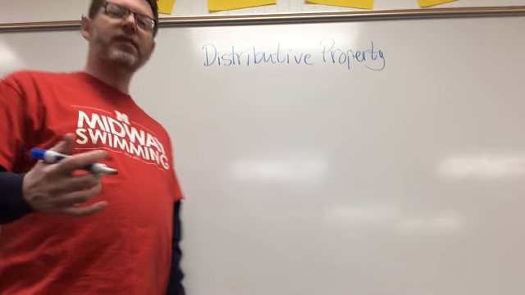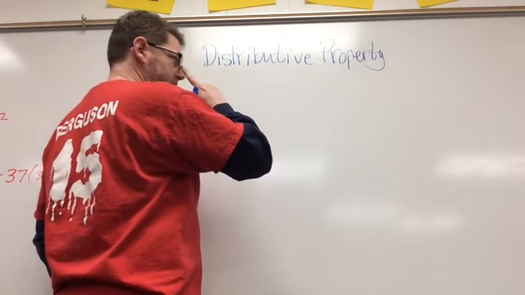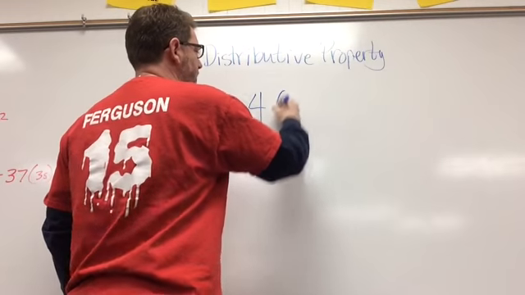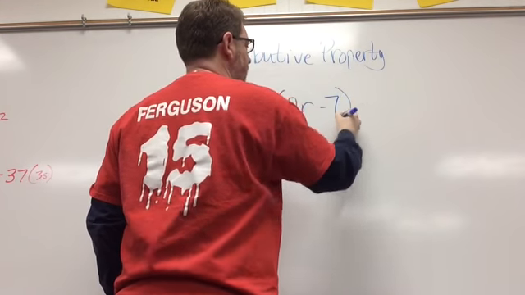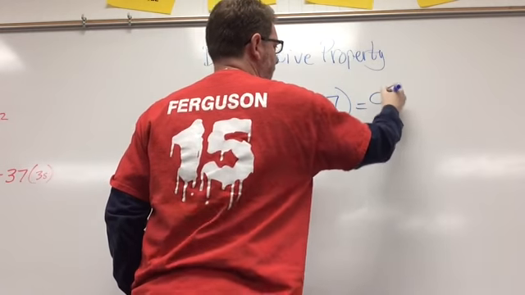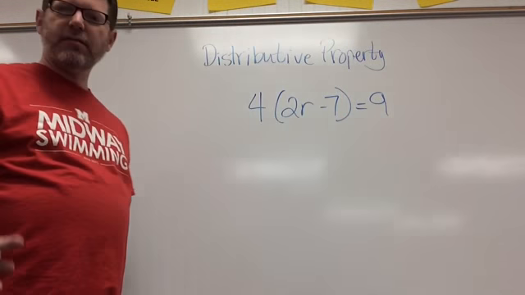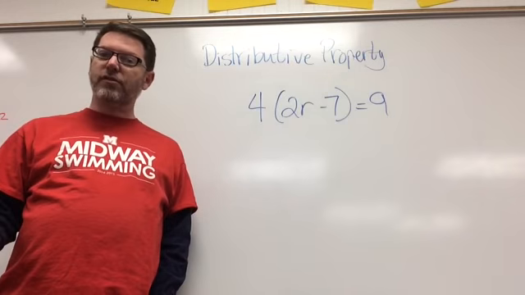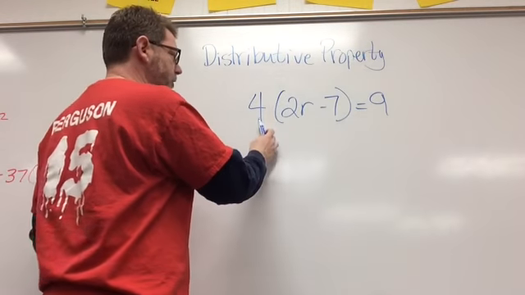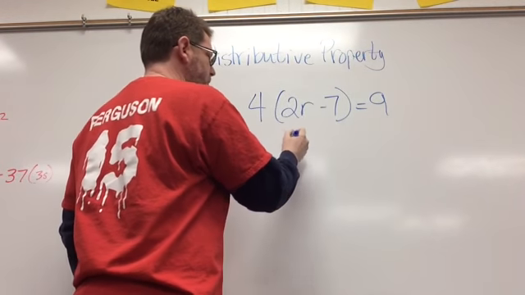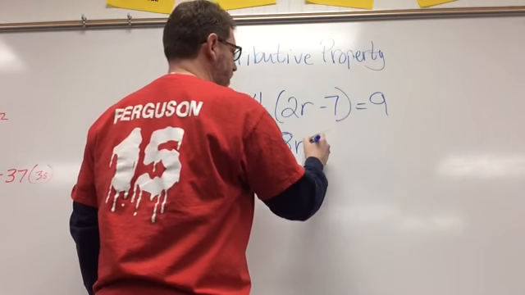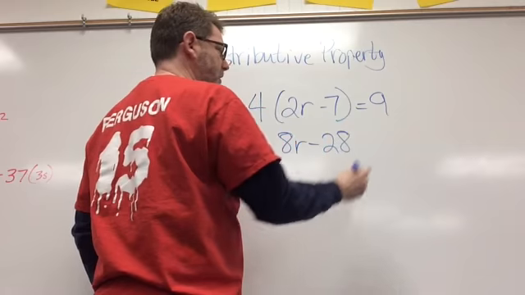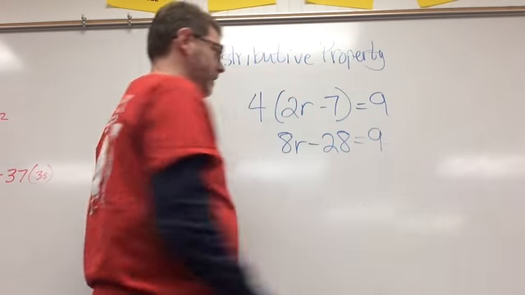Let's try one more sample problem together. Let's say I have 4 times the quantity of 2r minus 7 equals 9. Let's see what happens. First of all, I have to do the distributive property, and I know that 4 times 2r would be 8r, and 4 times negative 7 is negative 28, equals 9.